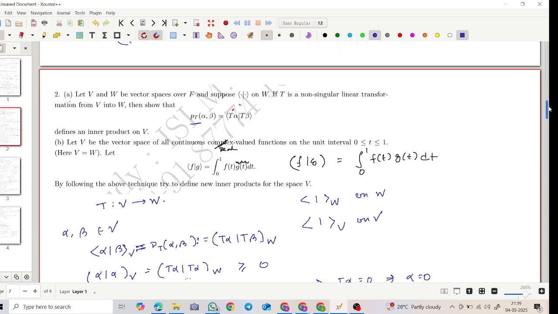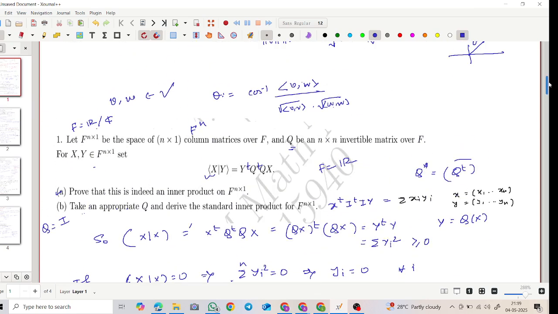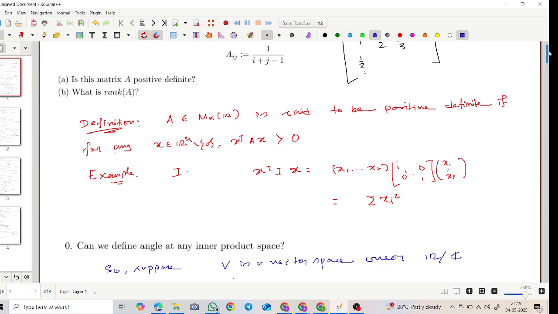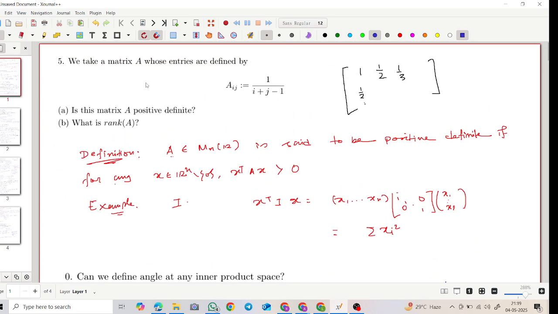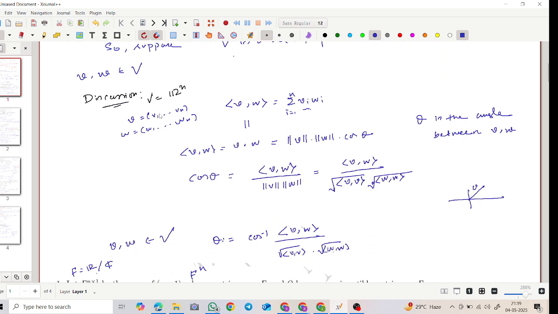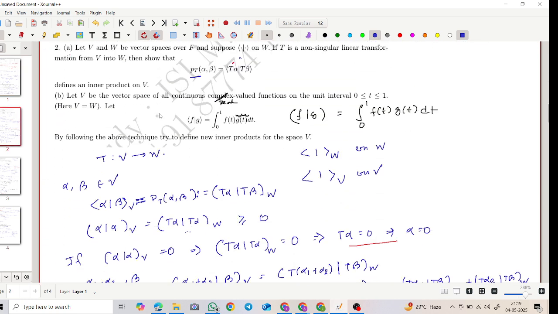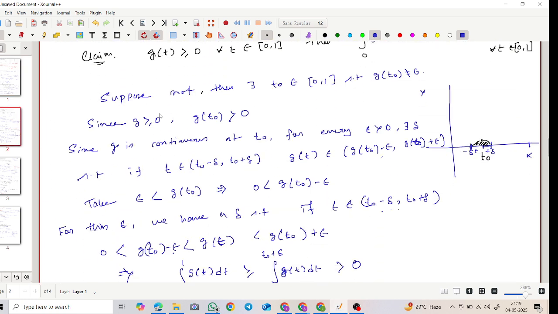There is a typo; I should have mentioned that A is a square matrix. When we talk about positive definiteness, we invariably assume that A is a square matrix of finite dimension. Otherwise, you can't think about X transpose AY.